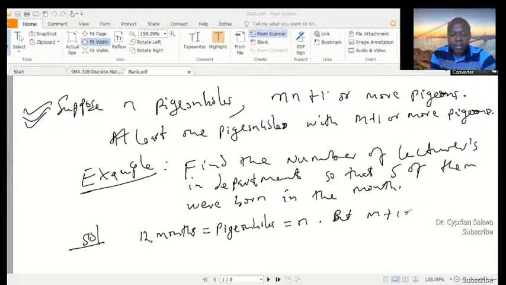So this m plus 1 is 5, because 5 of them were born in the same month. So what this means is that m is 4.